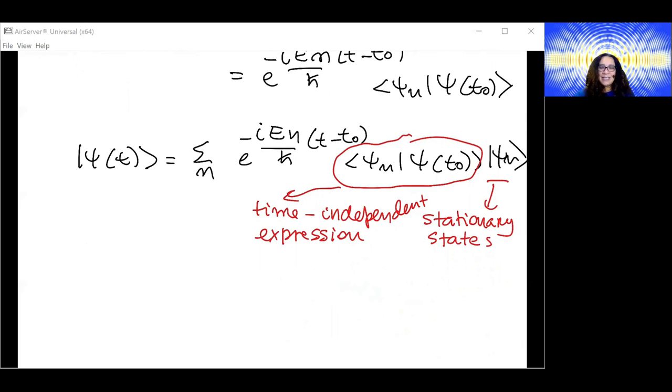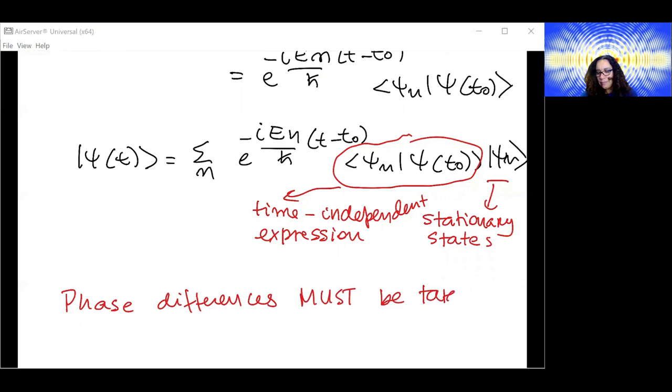And this is useful now that phase differences must be taken into consideration. If you didn't have the sum, you wouldn't have to bother, because e^{iφ}ψ and ψ give you the same behavior.